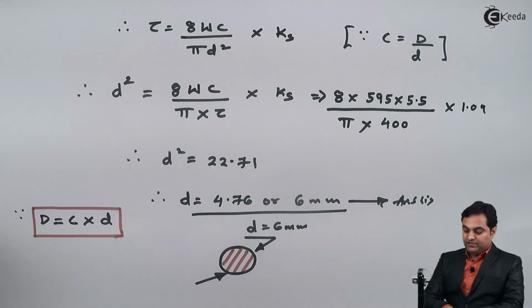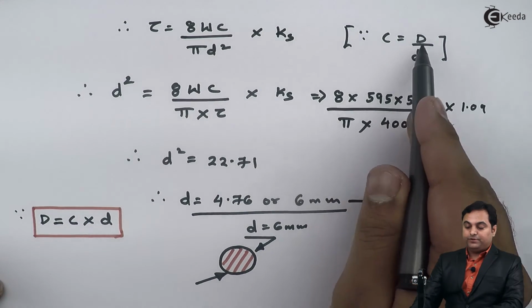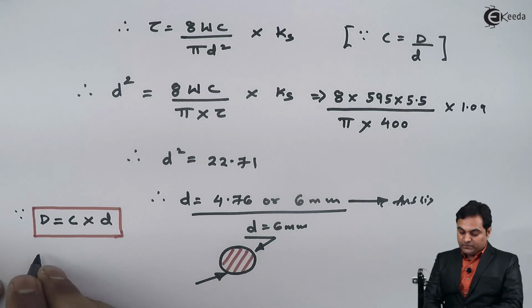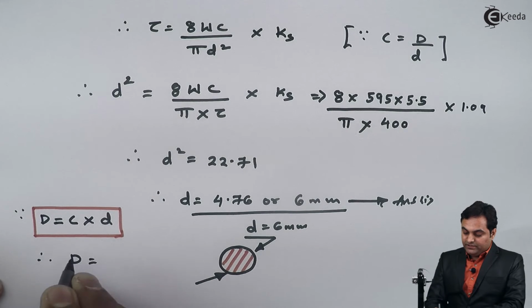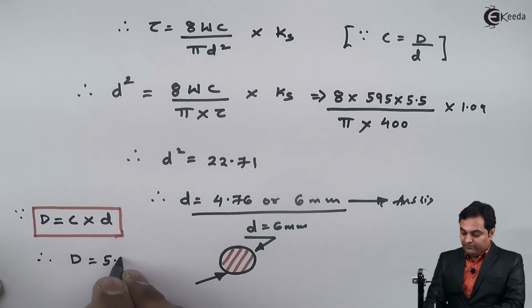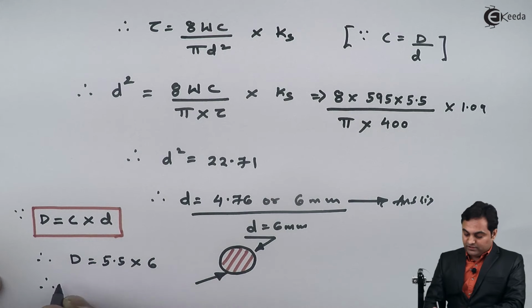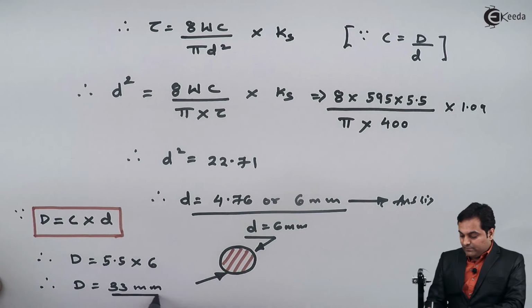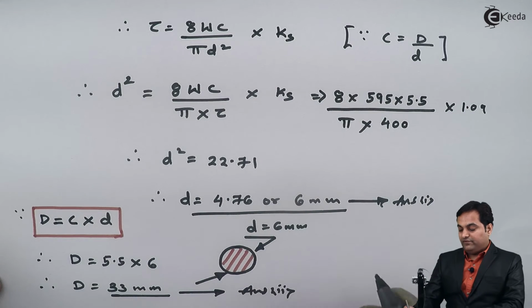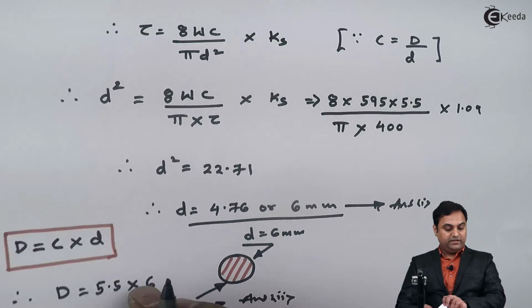Here I am using this relation because C is equal to capital D by small d. So therefore capital D will be, C is 5.5 into d, which is 6. So diameter comes out to be 33 mm. This will be our second answer. So here we have calculated wire diameter, mean coil diameter.